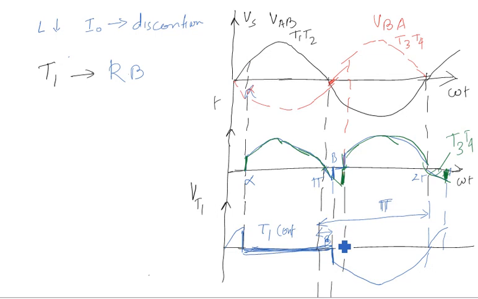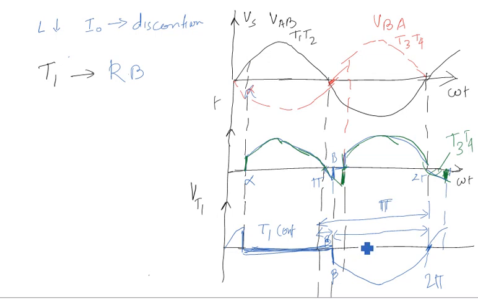Suppose this is my beta and this is my 2 pi. So definitely your T1 is not reverse biased for the whole pi cycle. It is reverse biased for a period less than the pi cycle, right?